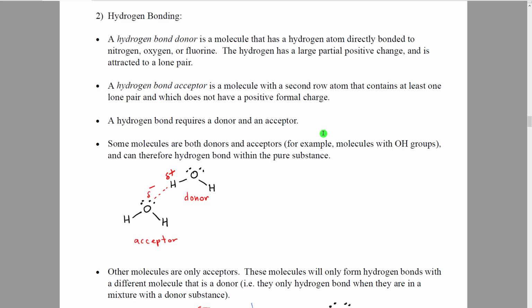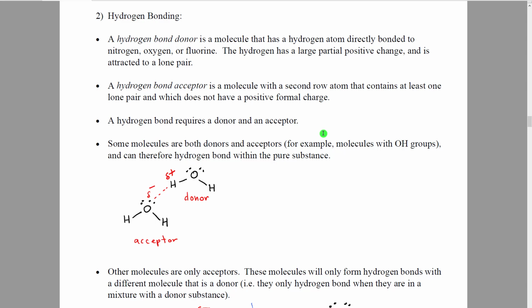So again, we see a lot of times that this is going to be an oxygen atom with just single bonds to it, or an oxygen atom that has a double bond to it, or a nitrogen atom with single bonds, or a nitrogen atom with a double bond, or even a nitrogen atom with a triple bond.